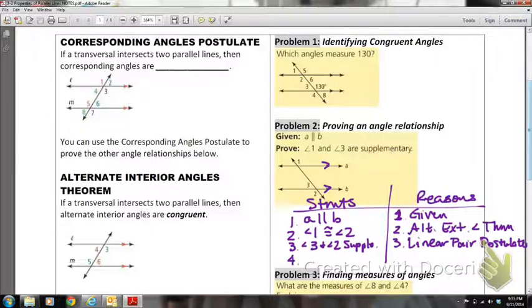And so finally, we can make the statement that we want to prove, and that is that angle 1 and angle 3 are supplementary. Because of the congruent supplements theorem.